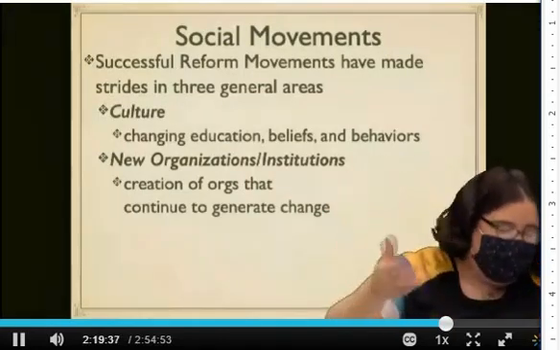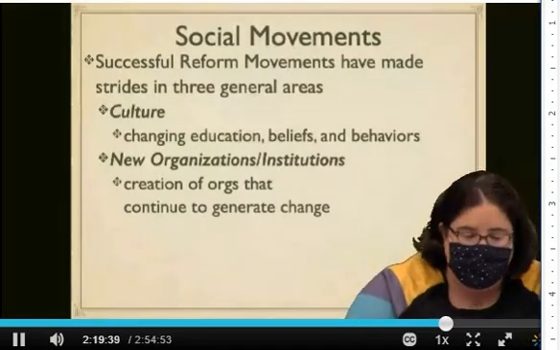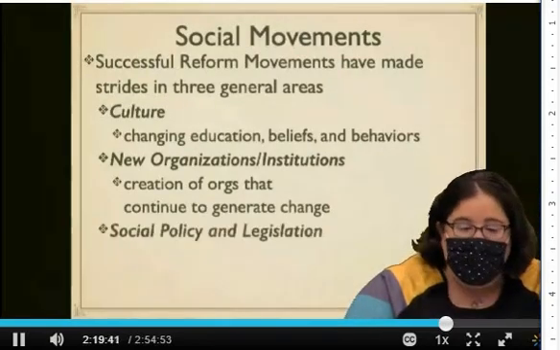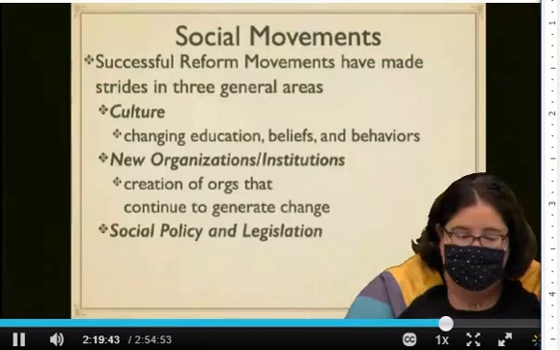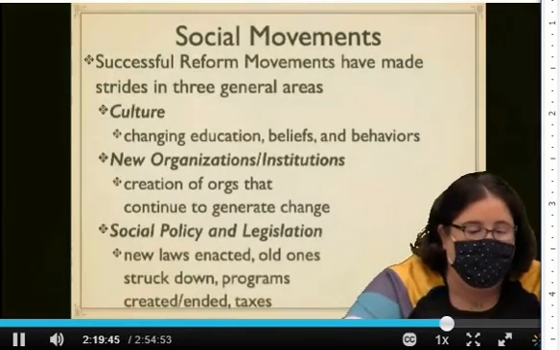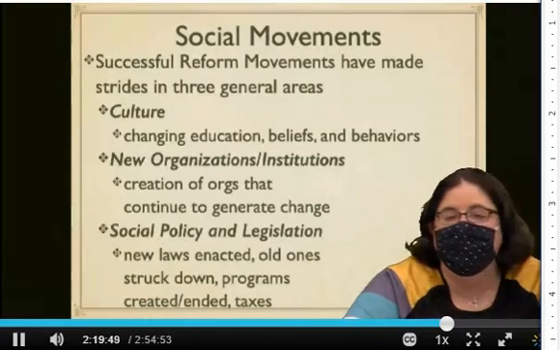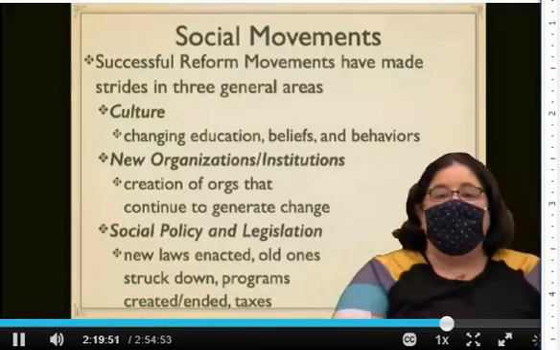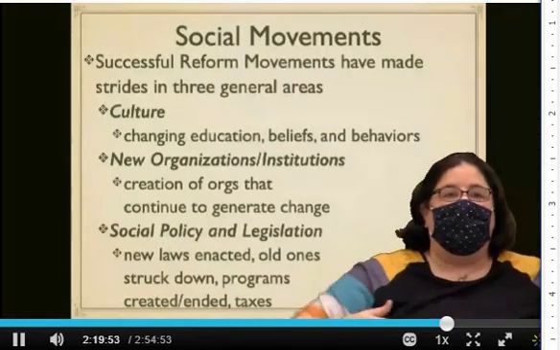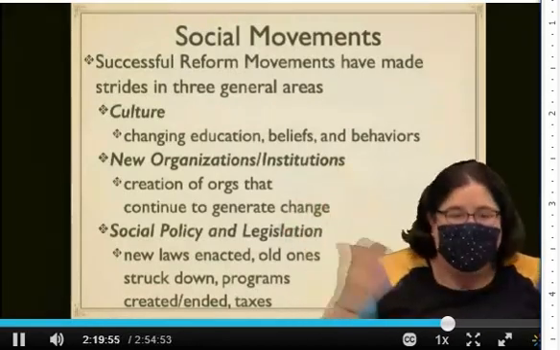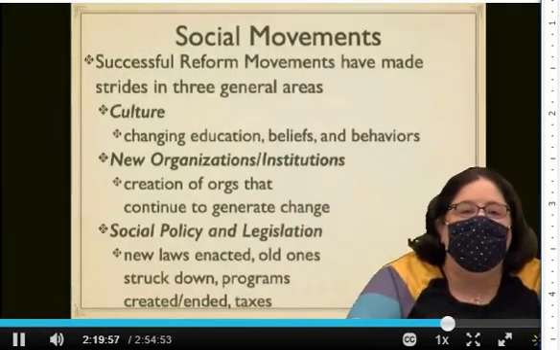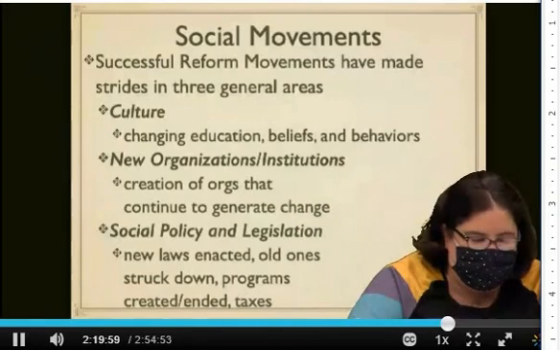And then finally, social policy and legislation, where new laws are enacted, old ones are struck down, or programs are created or ended, taxes are levied or rescinded, right? Changes to social policy and legislation.